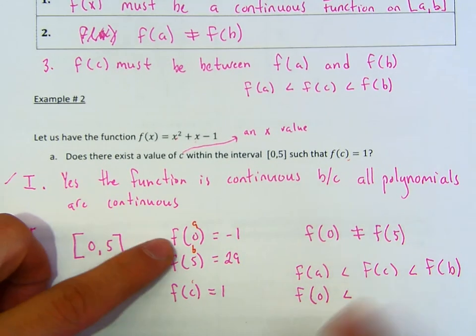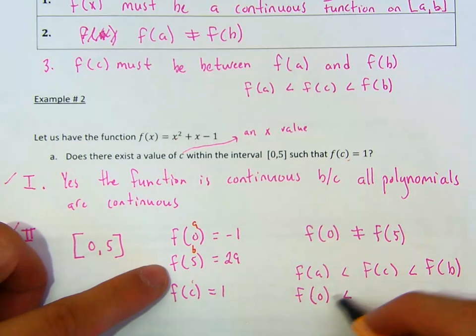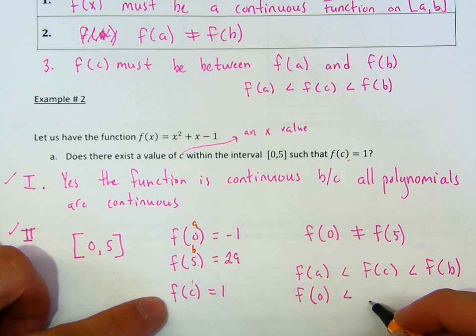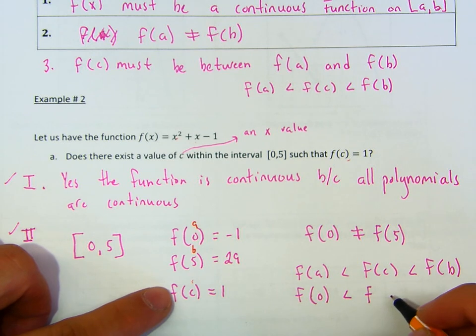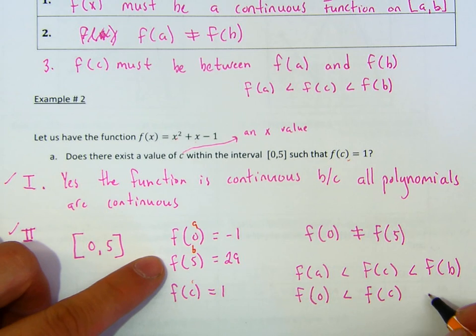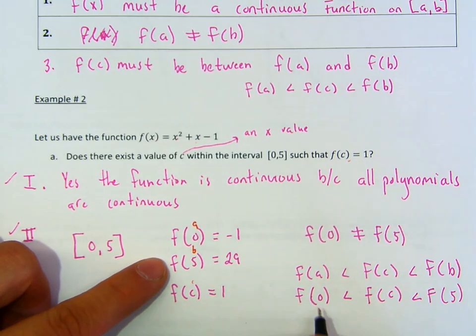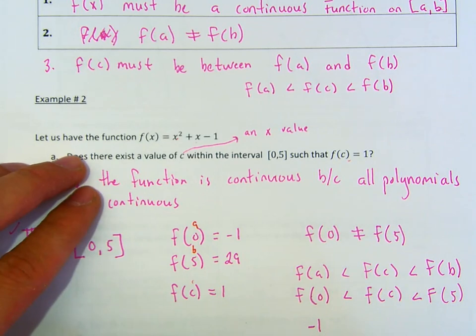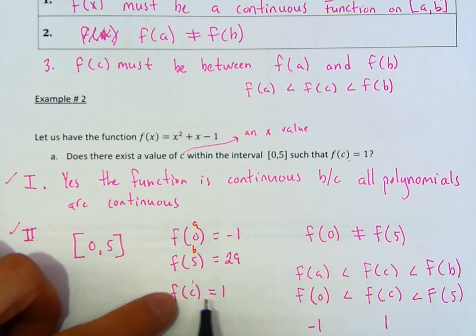Well, this is our a, so f of 0, is it less than f of c, and this is less than f of 5. And notice, is that true? You see f of c is 1, right?